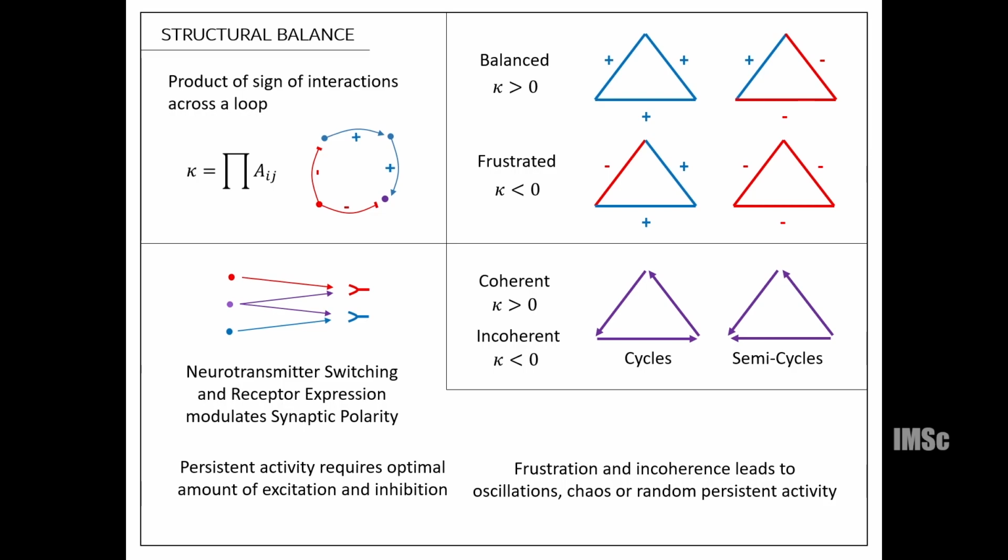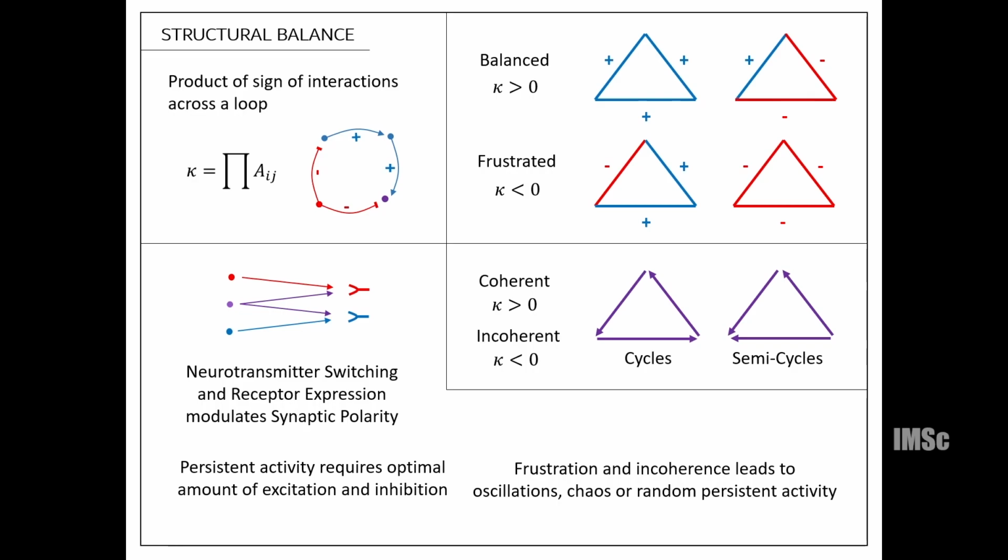Yeah, so if you're interested in dynamics at a circuit level or motifs, then instead of solving dynamical systems, one crude approach could be to look at the overall sign balance in the network. So this concept of structural balance essentially tells you how the network is designed, what sort of dynamics you can expect from this network given the nature of interactions.